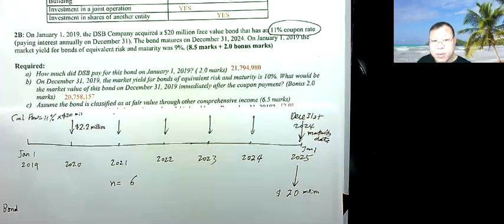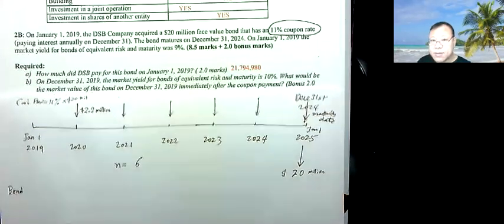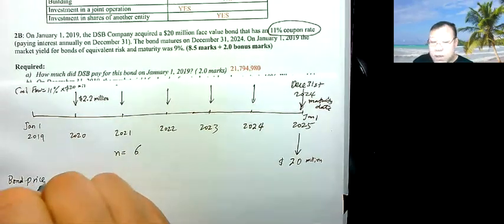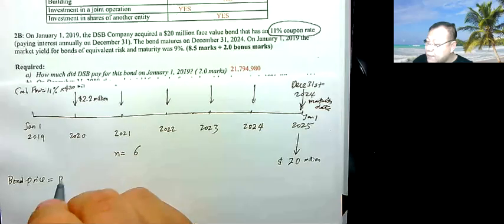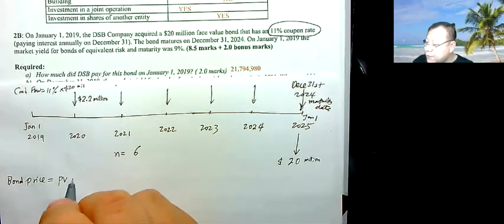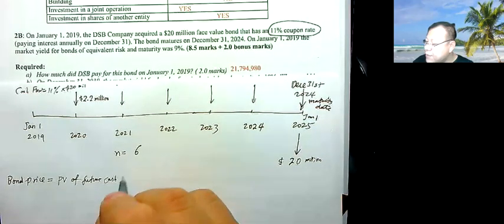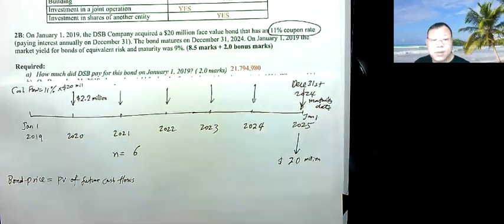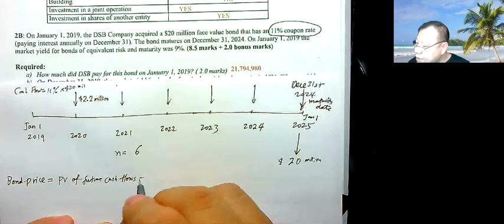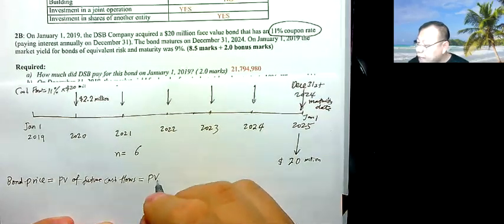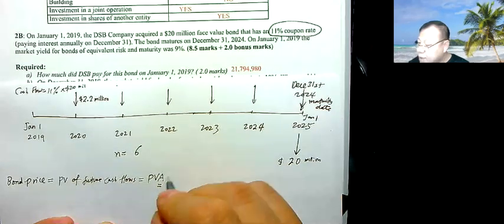Bond price equals present value of future cash flows, right? So now I have an annuity, PVA, this A means annuity.